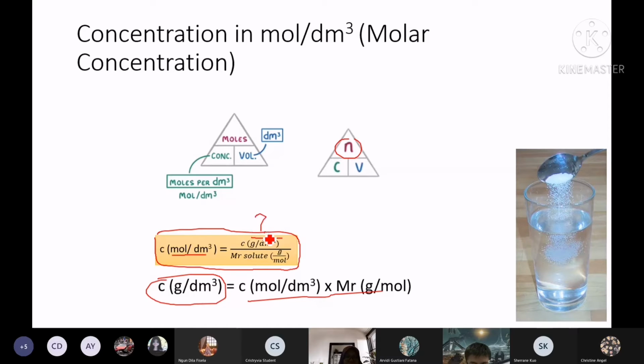When we want to know the concentration in gram over dm cube, we multiply the concentration in mole over dm cube times Mr, the molar mass of the solute. The unit is gram over mole. So this is the conversion to grams over dm cube.